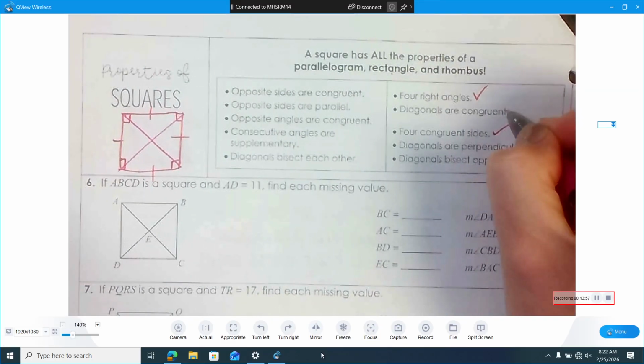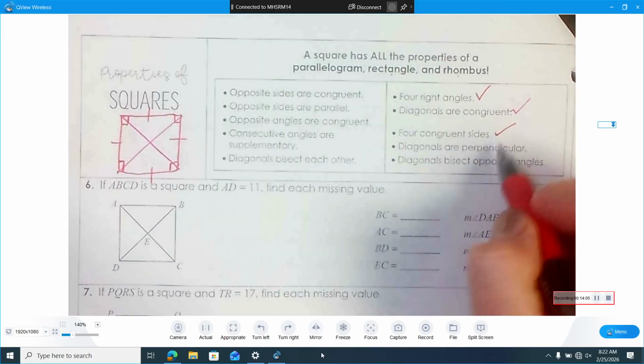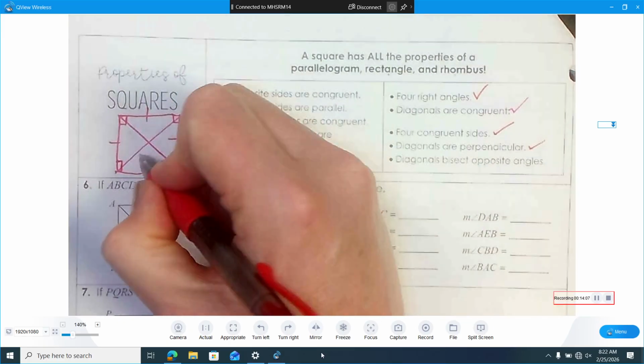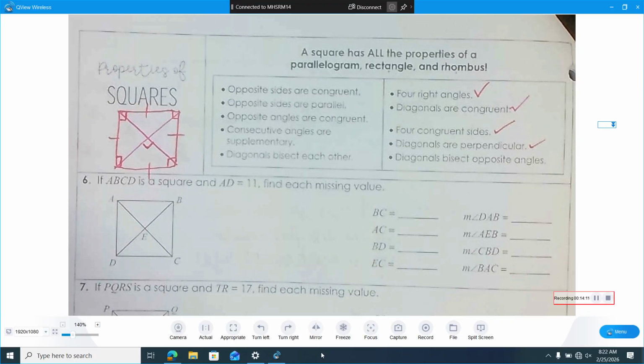Those diagonals are congruent like a rectangle. And then like a rhombus, the diagonals are perpendicular. So that's a good one to know too. And those diagonals bisect each other and bisect their opposite angles. Okay? So lots of bisecting going on in a square. All right?